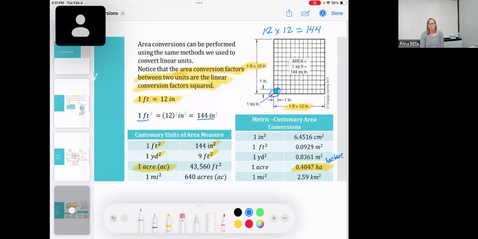It is a metric area unit. So there are a couple of these strange ones that you just kind of have to get used to. You wouldn't know by the exponent that they were area. Acre typically has to do with land. I'm assuming hectare does too, but I'm not a farmer, so I'm not 100% sure about that one.